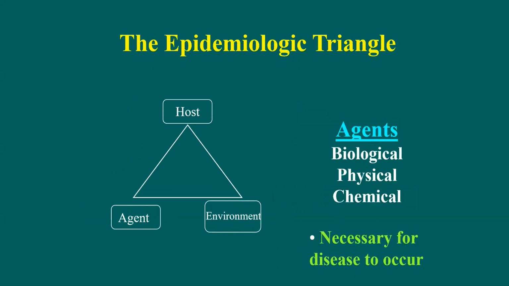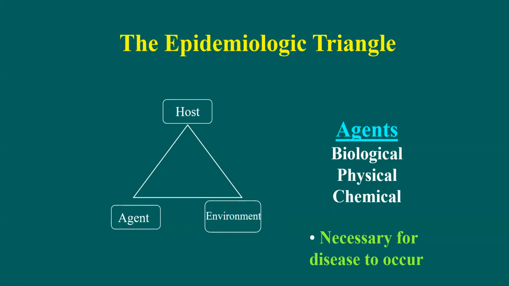If there's an upset within the host, it can then become at risk of getting disease. Then we have the agent, and these are the things which are responsible for kickstarting the disease process within the host.